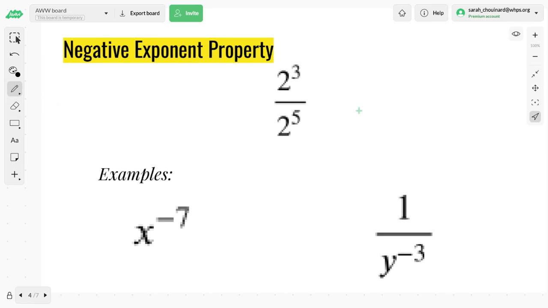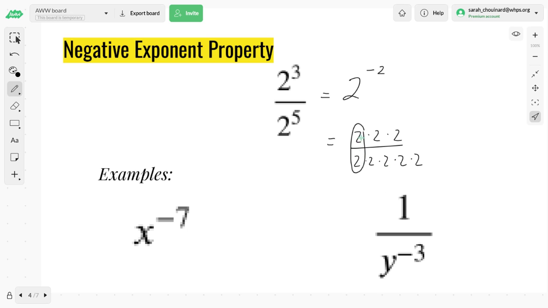So again, if we were to apply the quotient property to 2 to the third over 2 to the fifth, 3 minus 5 is negative 2. But if we were to expand out 2 to the third, that would be 2 times 2 times 2. 2 to the fifth is 2 times itself 5 times.